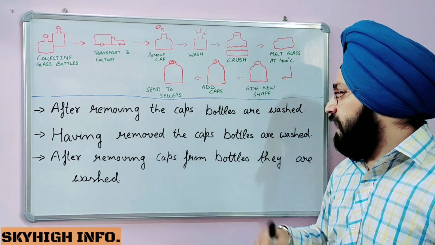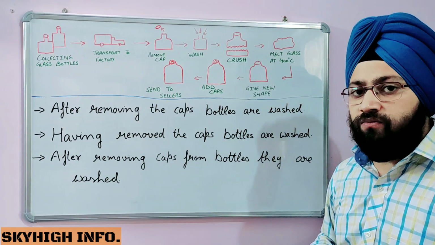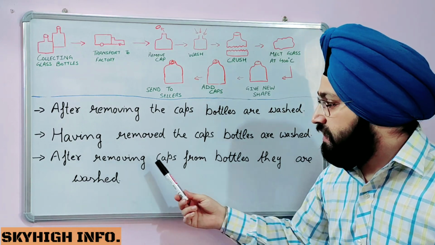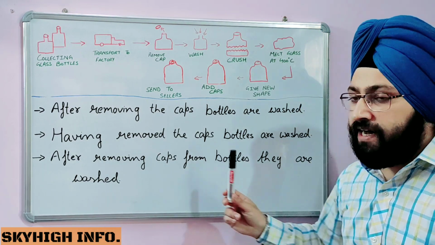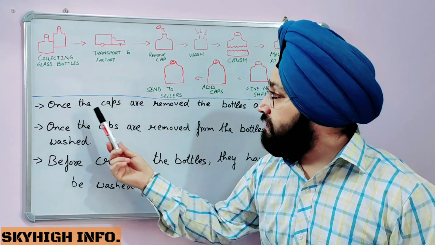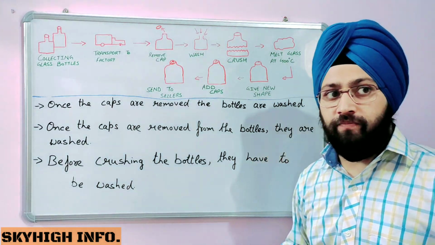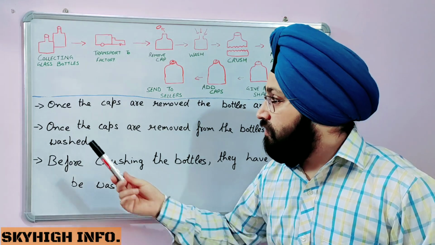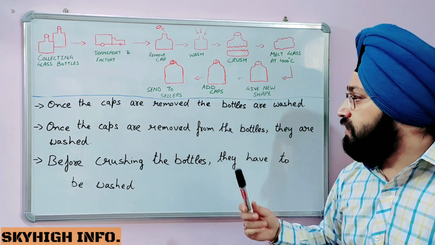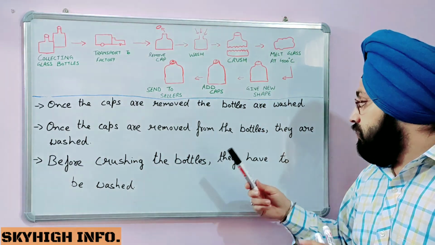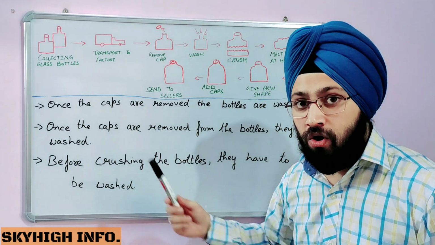Having removed the caps, bottles are washed. After removing caps from bottles, they are washed. Once the caps are removed, the bottles are washed. Or it can be written, once the caps are removed from the bottles, they are washed.